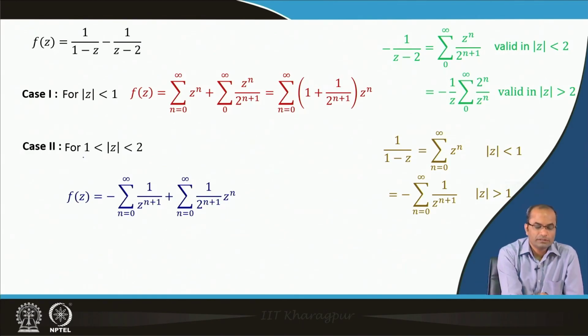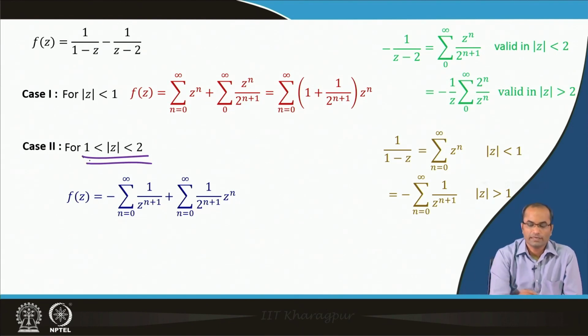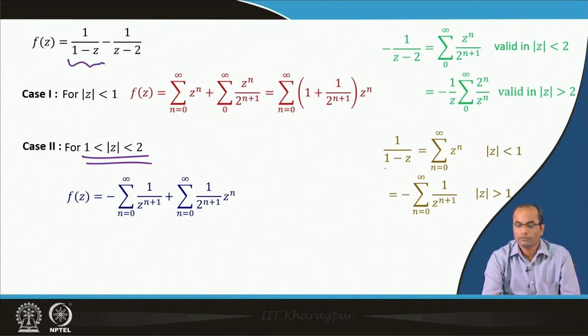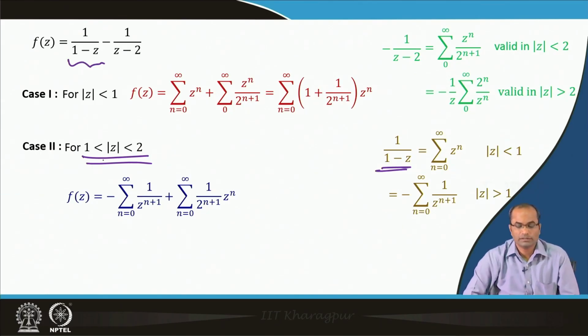Okay, the second region now, this is the annulus we have taken, mod z greater than 1 and less than 2. In this case, from the first function 1 over 1 minus z, we are now talking about mod z greater than 1.